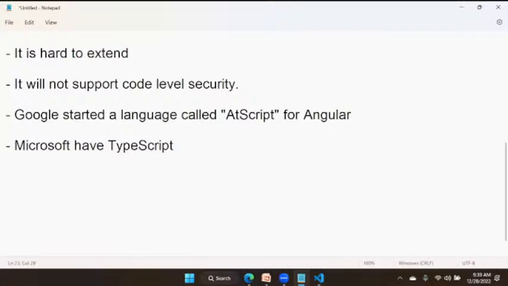Microsoft has had that language called TypeScript from 2003 onwards. Actually, Microsoft has a technology called .NET, and in the .NET technology they have a language called C#.